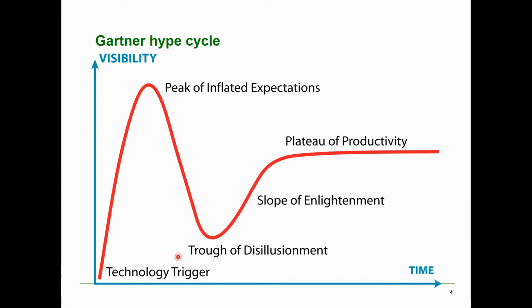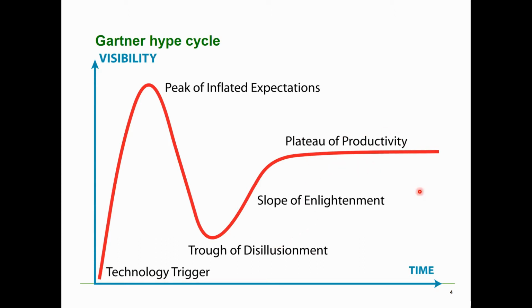There is a technology trigger at some point, and the hype goes up, and then there is a peak of expectations when we think that we can solve everything with this new technology. Unfortunately, it tends to turn out that this is not so true, so there is a disillusionment. But then after some time comes the enlightenment and the plateau of productivity.